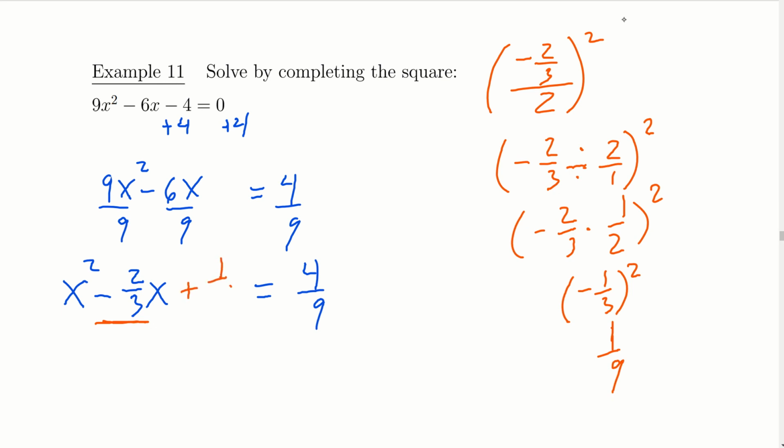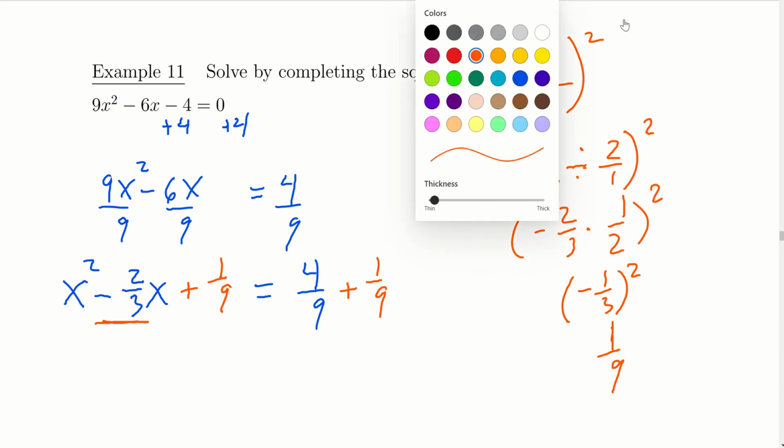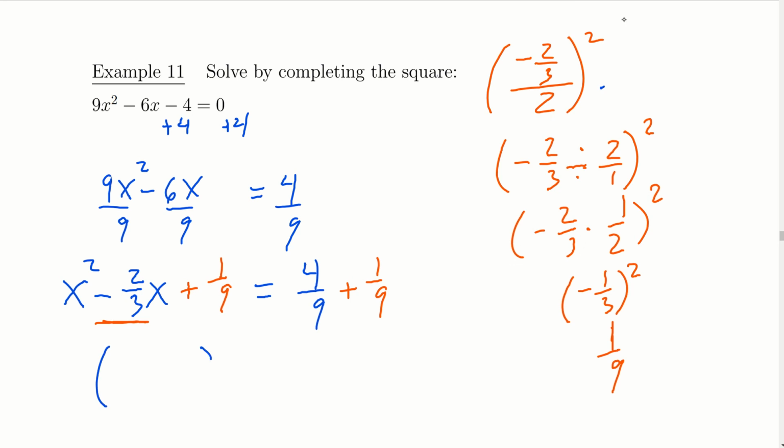So we can add 1/9 to the left-hand side if we also go ahead and add 1/9 to the right-hand side. With the addition of that completing the square number, we now get a perfect square trinomial on the left-hand side. It's going to be x with the number negative 1/3 on the inside, squared. It's equal to, on the right-hand side, 4/9 plus 1/9, which will give us 5/9.